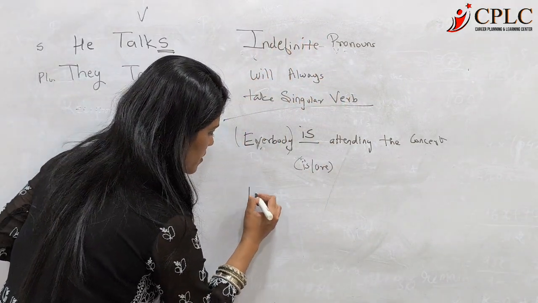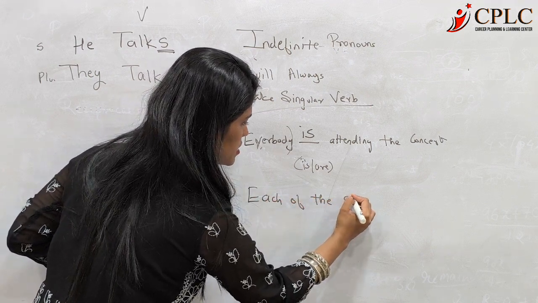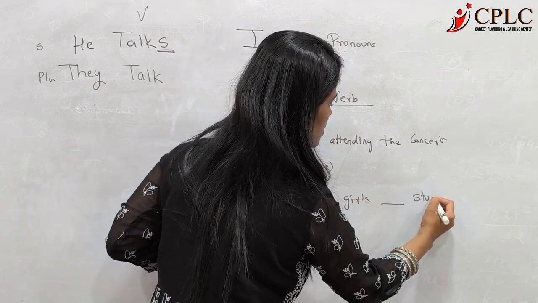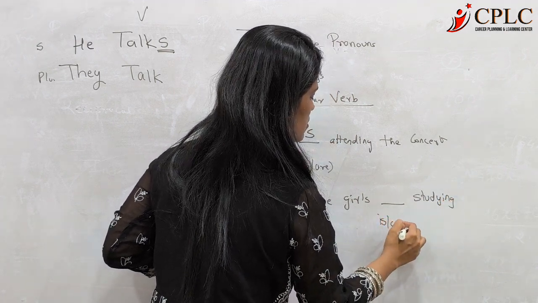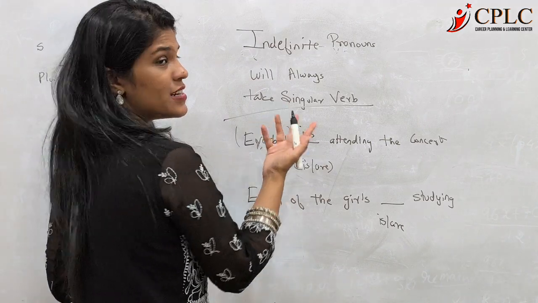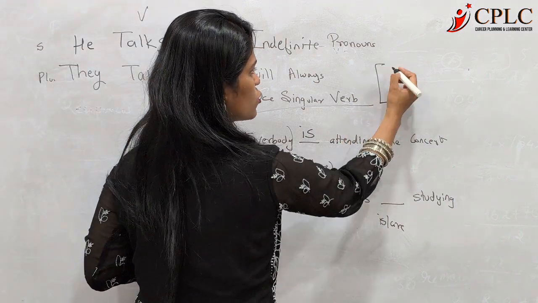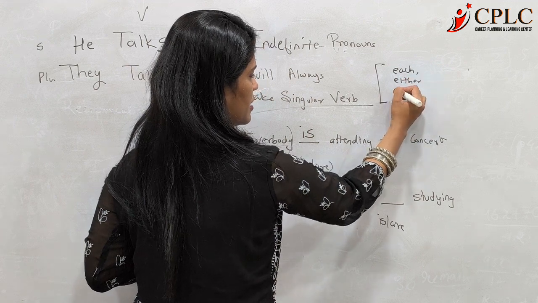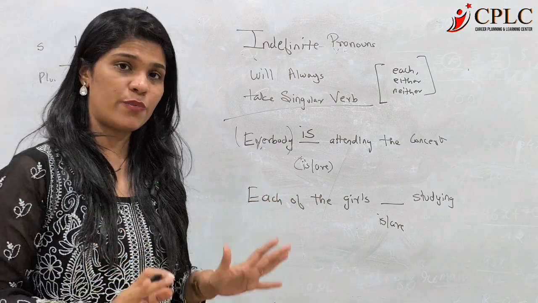One more example. Each of the girls dash studying. Is या are? Now, what are indefinite pronouns? We did study that they are everybody, somebody, nobody, and so on. But also each, either, neither, all of these are also indefinite pronouns.